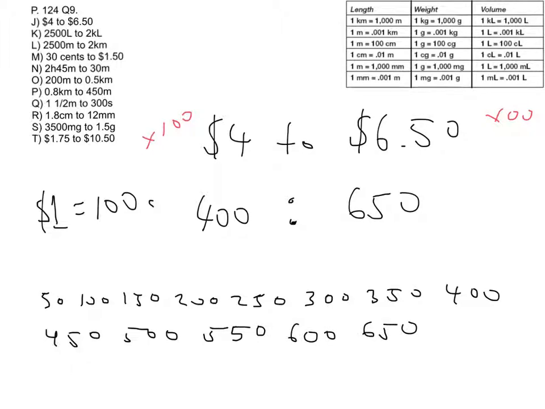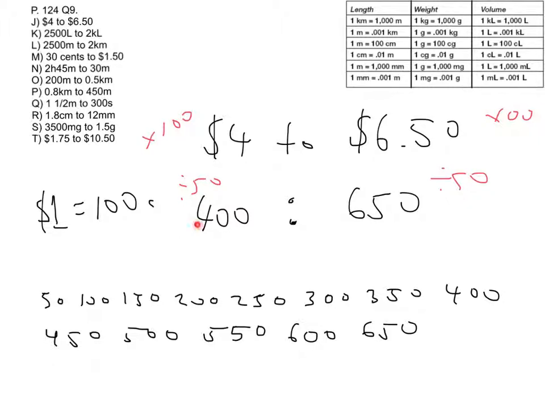Okay, so we know that 50 goes into both numbers because, as we can see, we've got 400 over here and 650 here. So they're both in the multiples of 50, so 50 will go into both sides. So we write divide by 50 on this side and divide by 50 on that side.